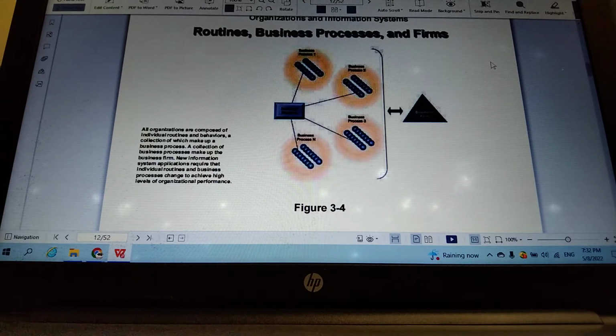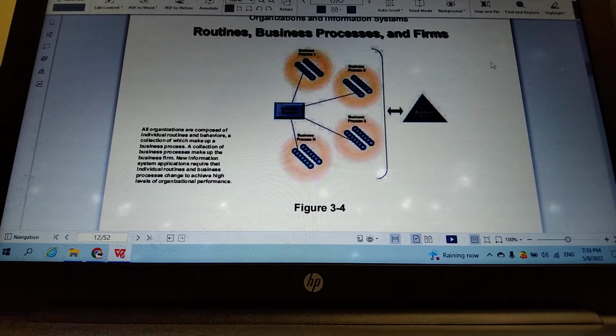So all organizations are composed of what we call individual routines and behaviors, and a collection of that is what makes the business processes. And like what we have just covered, a collection of business processes makes up the business firm.